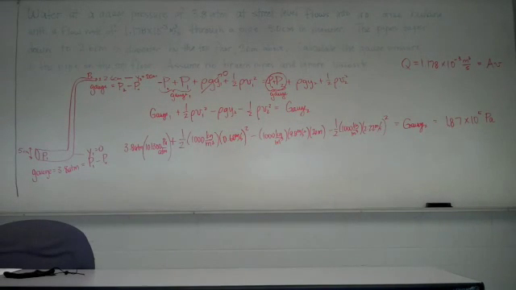Those of you plugging and chugging, are you getting the same value as me? Now we can easily put this back into atm by dividing by the 101,300. So the gauge pressure at the top is only 1.8 atm, whereas at the bottom it was 3.8 atm.